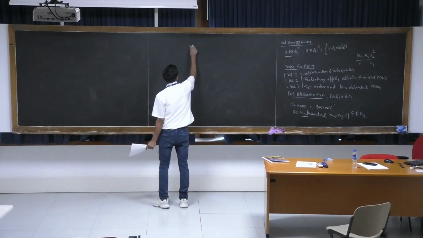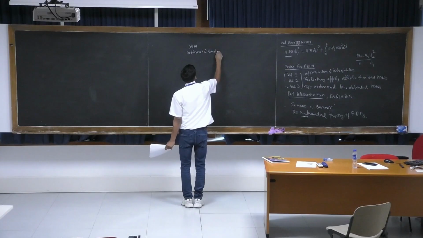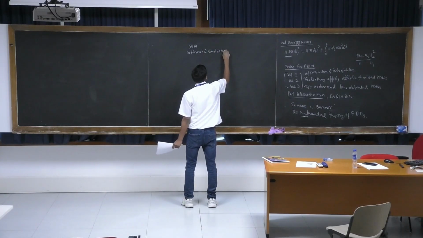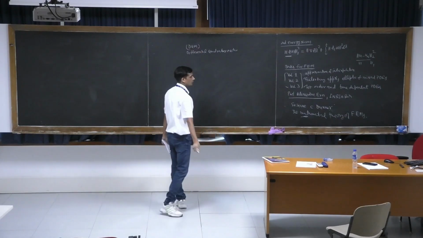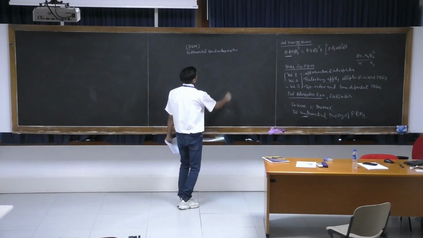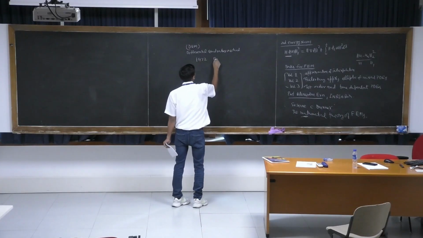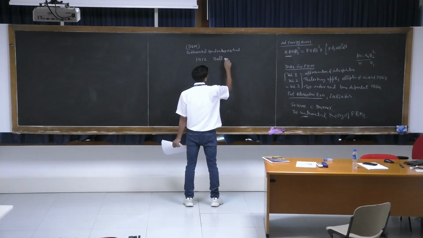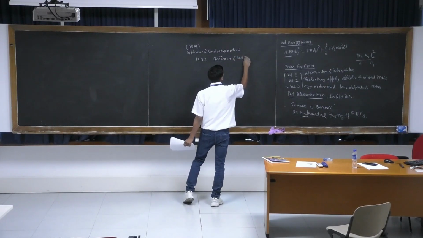The differential quadrature method, short form DQM, was started by Bellman and his group.